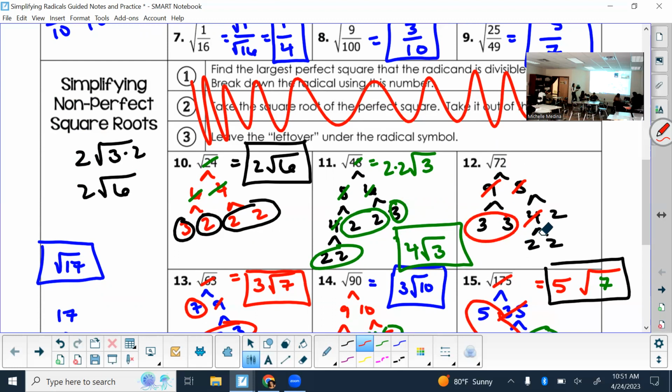For that one, I have a pair of 3s, a pair of 2s. So a 3 escaped, a 2 escaped. We'll multiply them together on the outside. Inside will be what? A 2. That lonely 2 that didn't have a partner. So then 3 times 2 is 6, so for 12, it would have been 6 rather than 2.